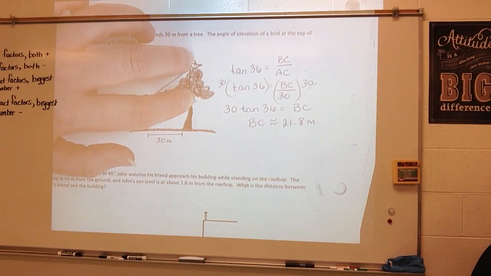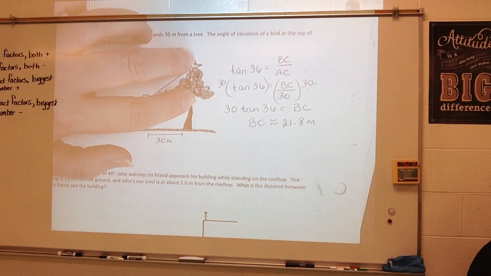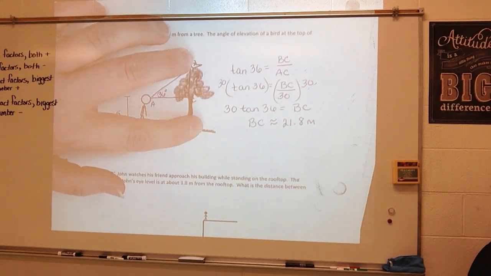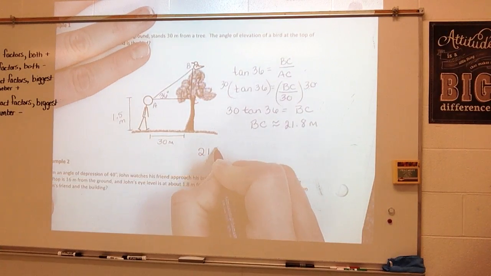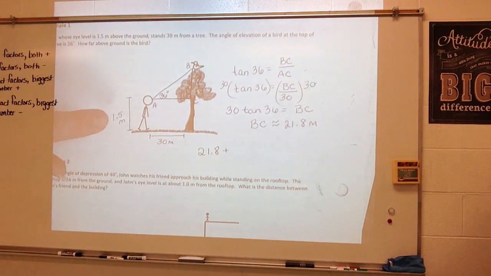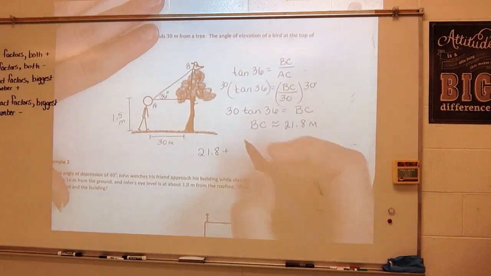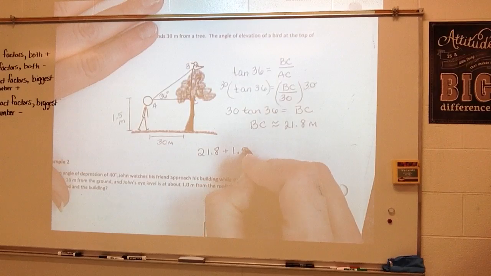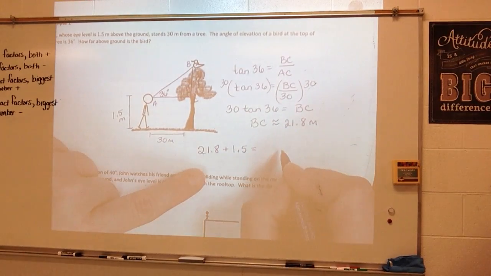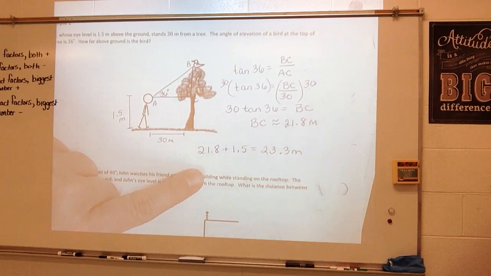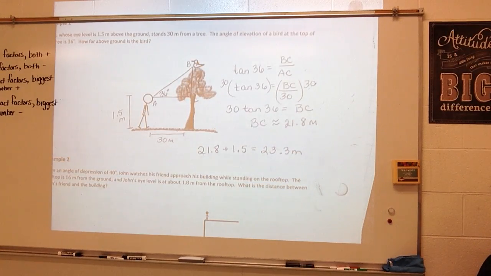That's not telling me how far it is off the ground. So I now have to take that 21.8 and add it to the 1.5 meters that he is standing off of the ground. When I do that, I get 23.3 meters.